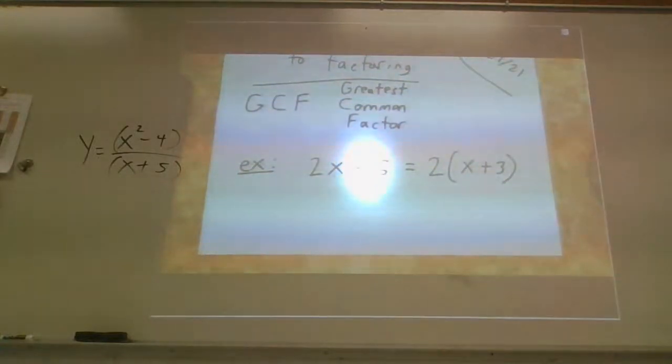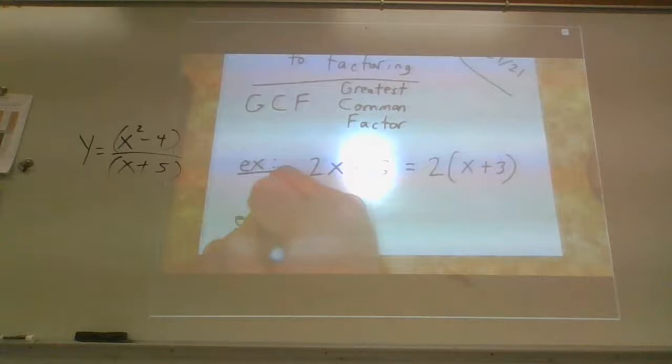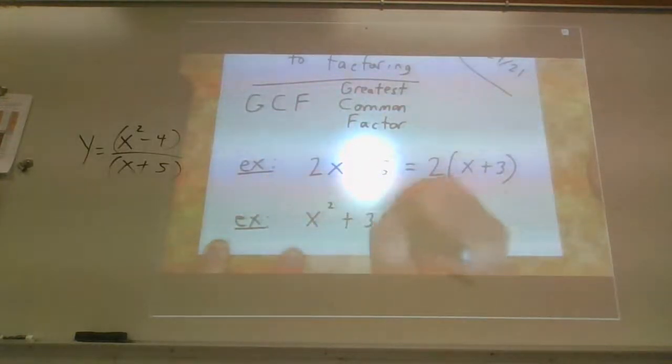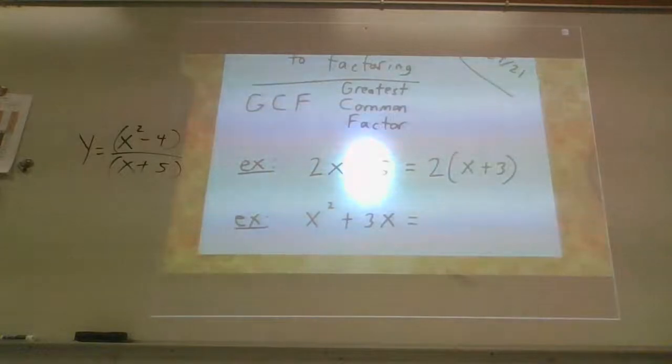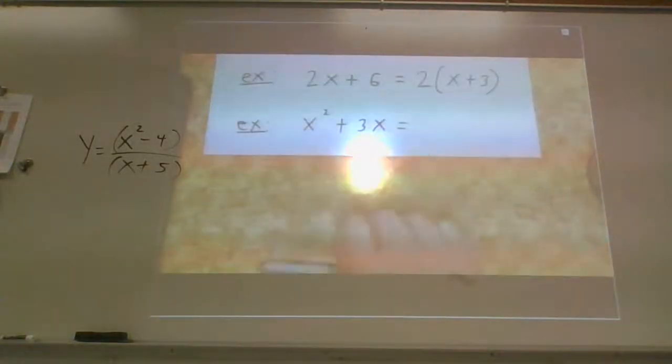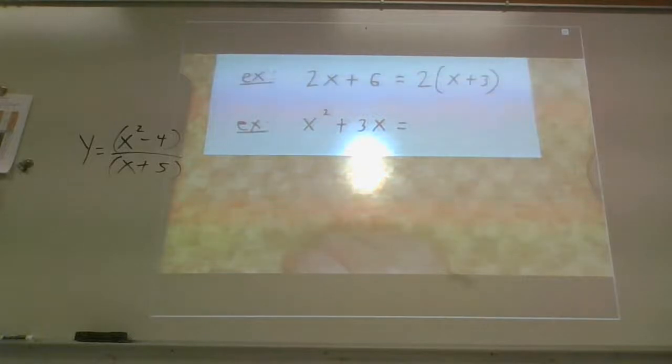You look at what each term has in common, and if they all have the same thing in common, then you can divide it out and leave it on the outside. Here's another example. What do each of those terms have in common?